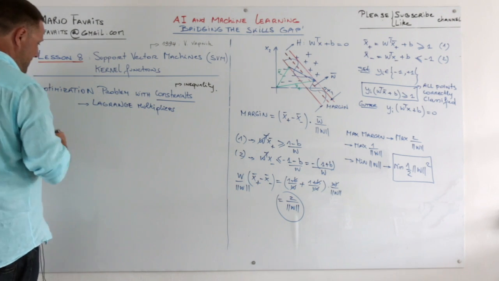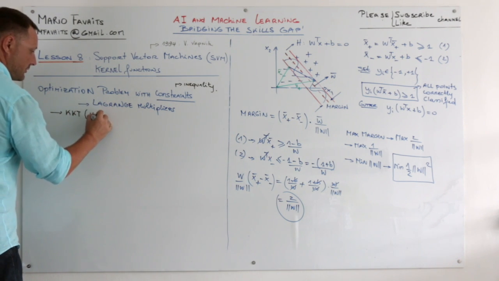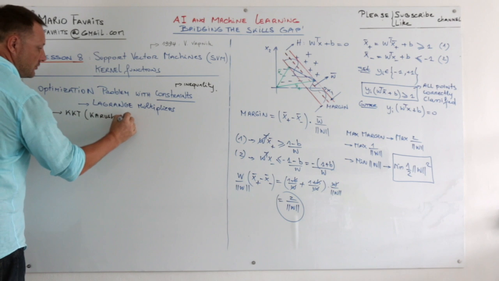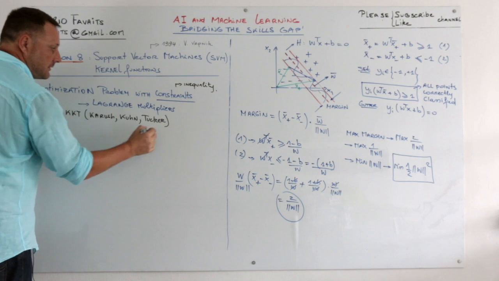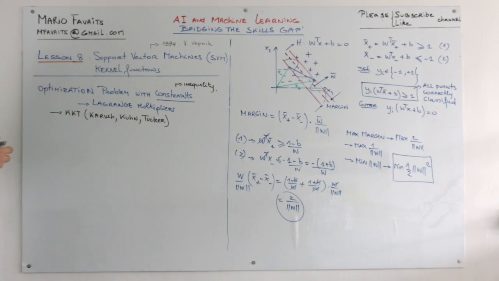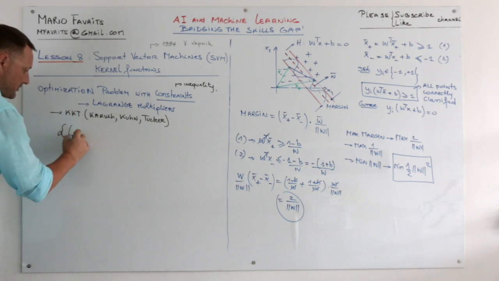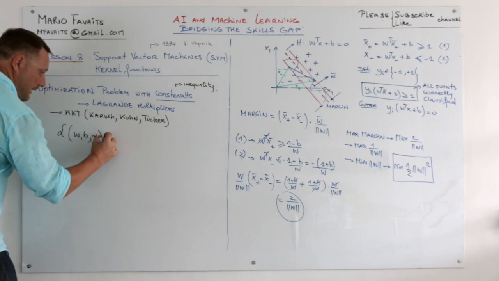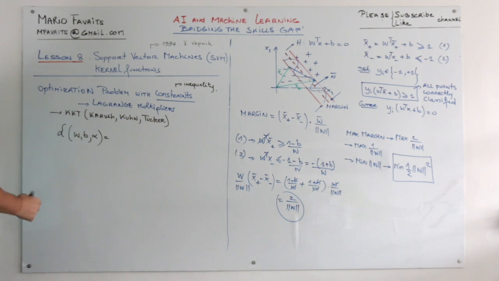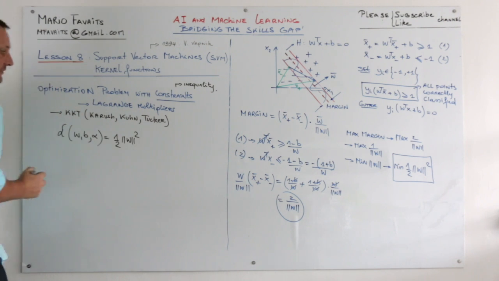So this means that we have something we call KKT, the Karush-Kuhn-Tucker condition. Basically we do the same as we do in Lagrange with equalities. We define a Lagrangian that is a function of w, b and the multipliers alpha, and that is equal to, our minimization is half w squared.